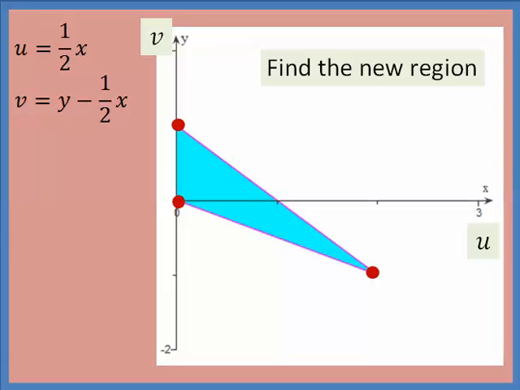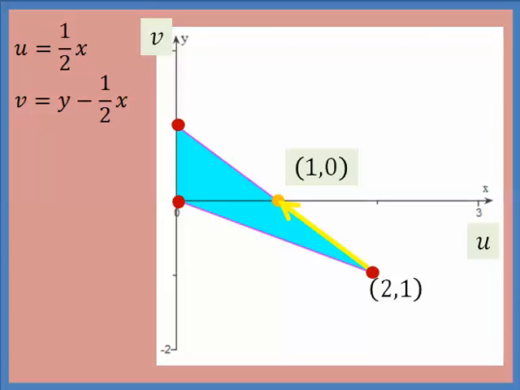Now we're going to find the new region. I have put up here the 3 vertices of the triangle, and what we're going to do is find the new vertices. The point 2, 1 gets moved to the point 1, 0. The point 0, 0 gets translated to the point 0, 0, so nothing moves.